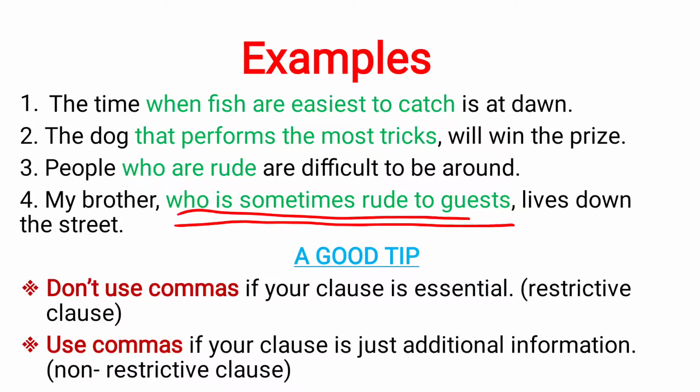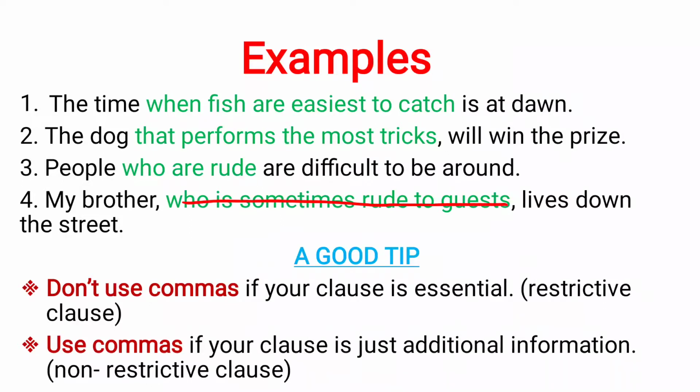Yes, this group of words is describing my brother. Now, is it restrictive or non-restrictive? "My brother lives down the street." If we remove this clause from here, it will not change the meaning of the sentence. And that is why this is a non-restrictive clause.